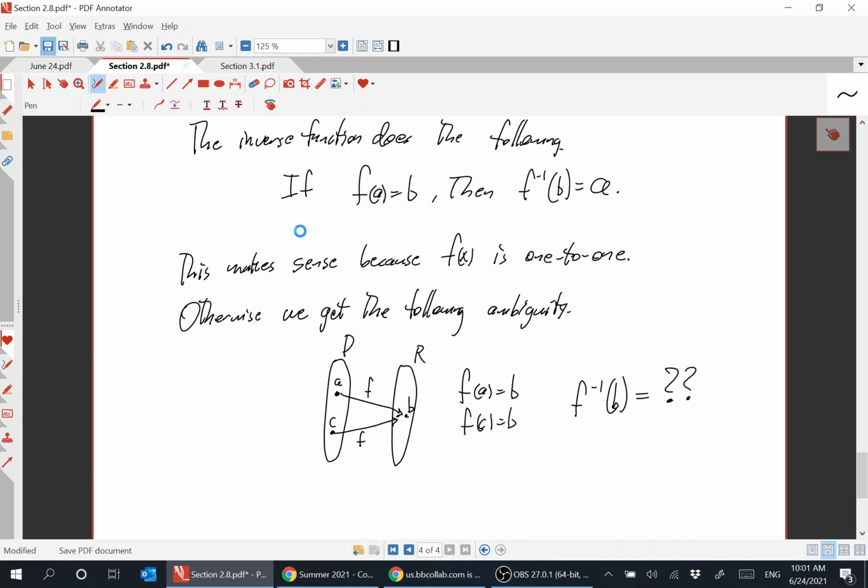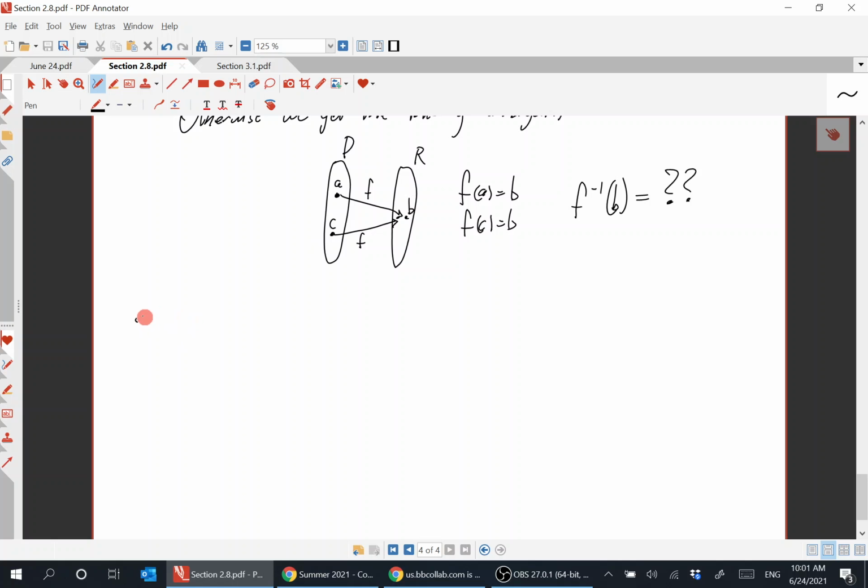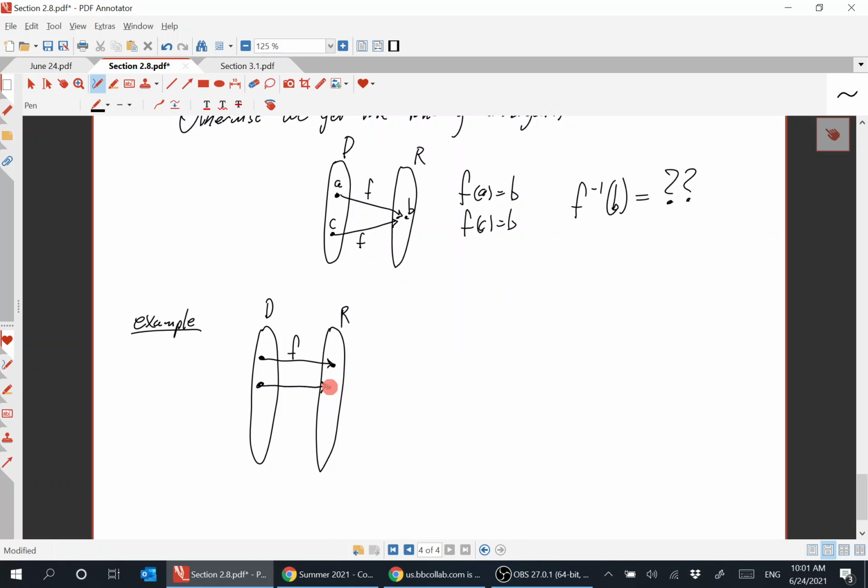So, for example, here's a function. Let's have a domain, and let's have a range, and the function is going to be one-to-one. When you draw these bubble diagrams, a one-to-one function is kind of boring. It just goes like this. So this is 1, 2, 3, 4, and this is 5, 6, 7, 8, something like that.